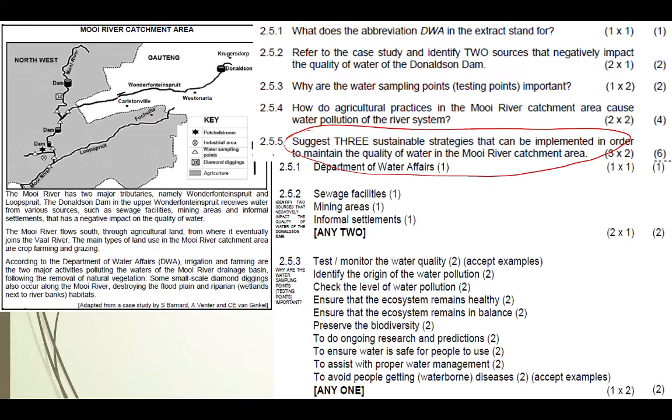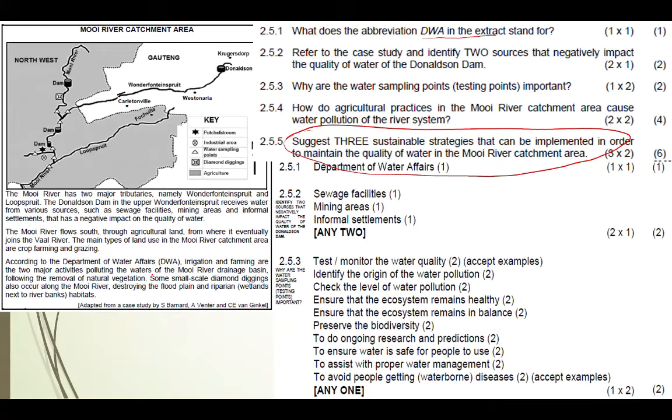Most of the answers that are common with this will be the strategies. What is key here? You must know what the abbreviation DWA stands for. DWA stands for Department of Water Affairs. But usually this comes in the form of an extract. You'll have an extract that you have to read.